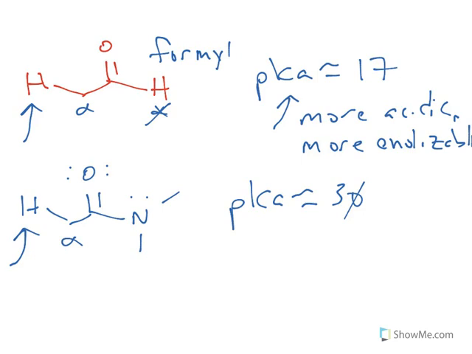Now, what I want to talk about next is, what kind of bases are we going to use? What we're going to look at first is what bases work. This is where mastering the idea of pKa's and equilibrium becomes quite important. Let's take a look at a ketone again.